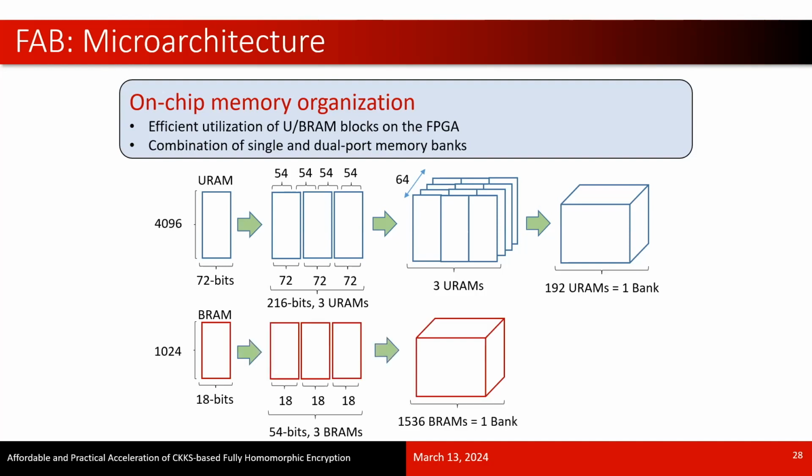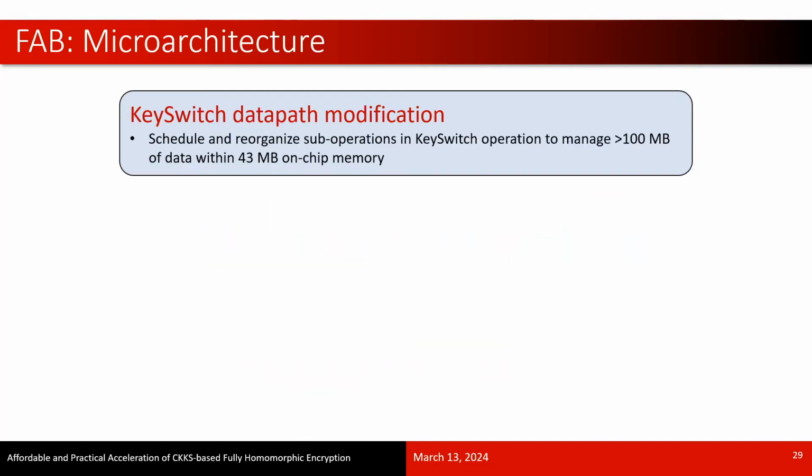A similar approach is used for BRAM, with the only difference that as we combine 3 BRAM blocks, we get only a 54-bit wide location. So instead of storing 4 54-bit coefficients at every location, we are storing just one 54-bit coefficient at every location.